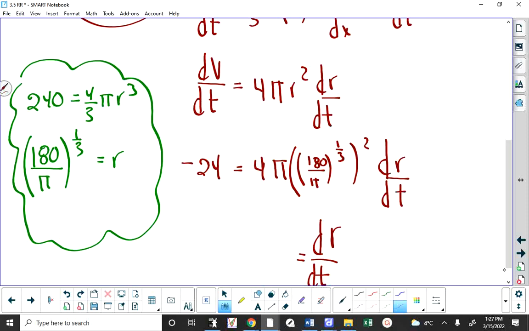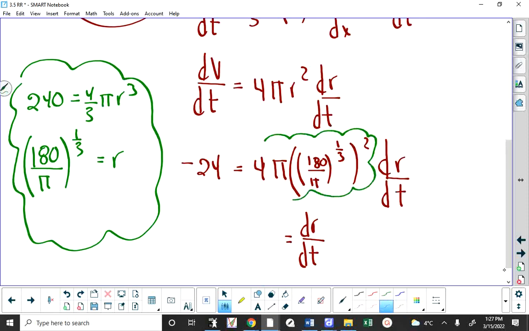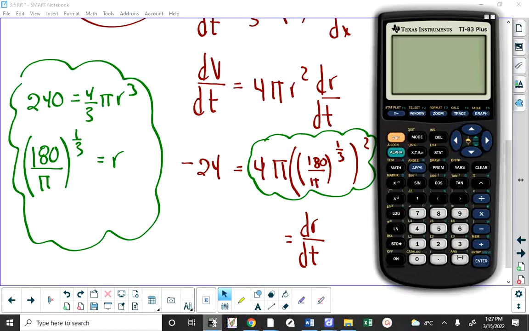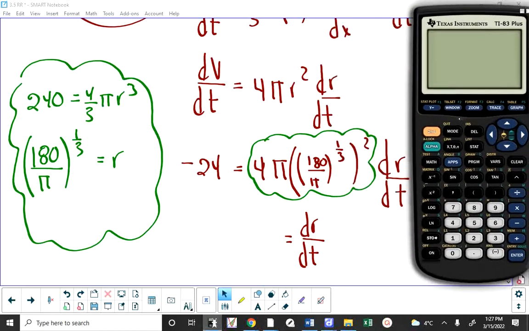Right now, we can go ahead and calculate dr/dt, though. Again, we're in the same boat we were in last time. If you choose to calculate this as a number first, then divide it into negative 24, that's fine. I might do it in pieces. I'm going to do it by calculating that number first this time for those people that may want to.